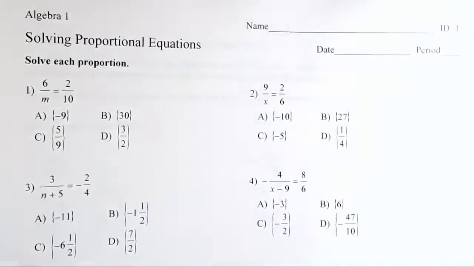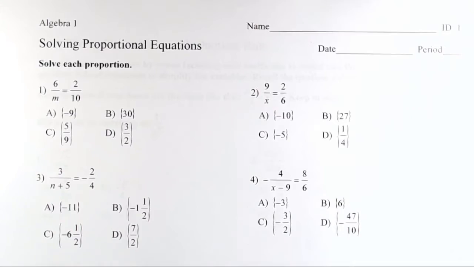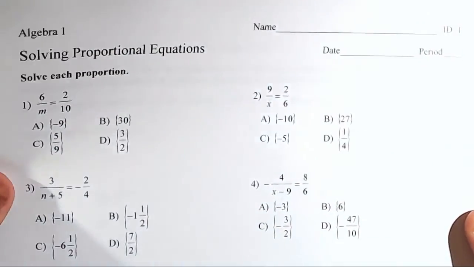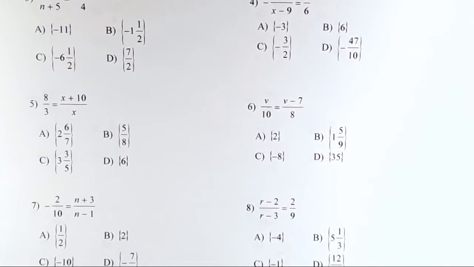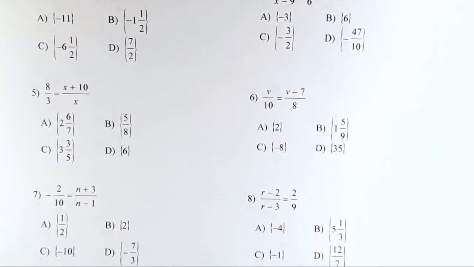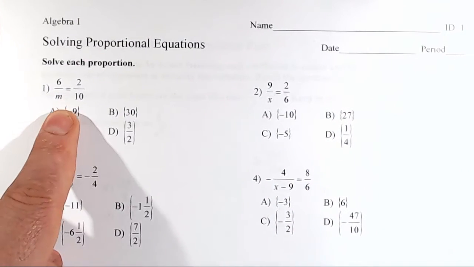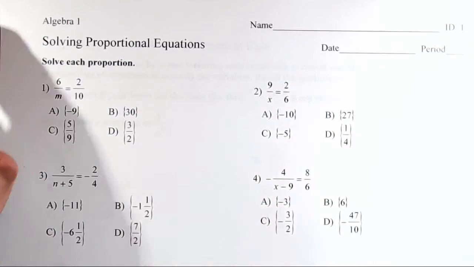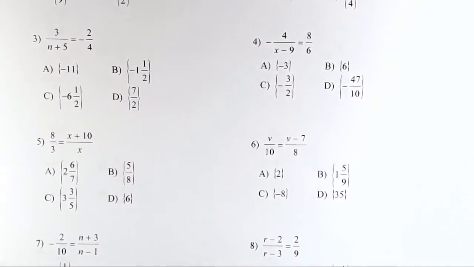On Tuesday, we're going to learn about solving proportional equations. Many of you learned how to do this already using a method that former students have told me is called the butterfly method. But once we get past problems 1 and 2, you'll notice that the way the problem looks changes.